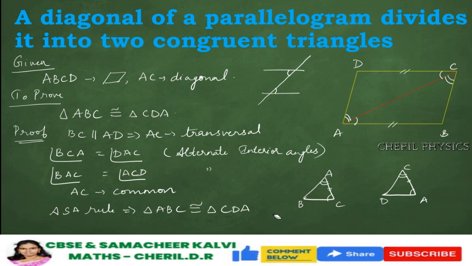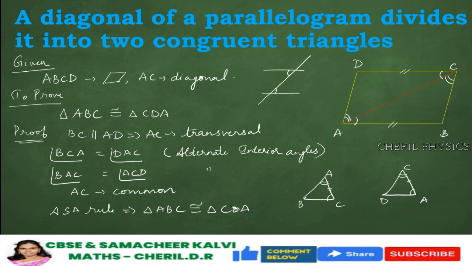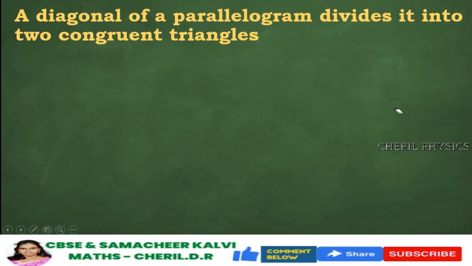Is it clear? So we are able to say that these two triangles are congruent. Thus we can prove that if we have a diagonal in the parallelogram, it will divide the parallelogram into two congruent triangles.